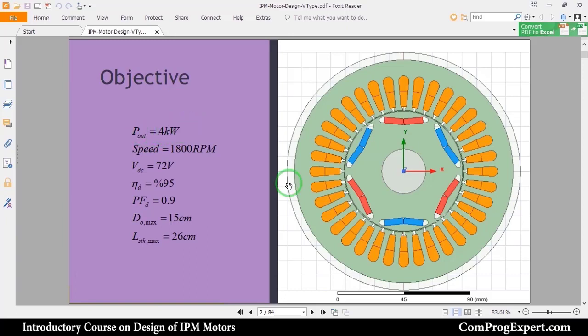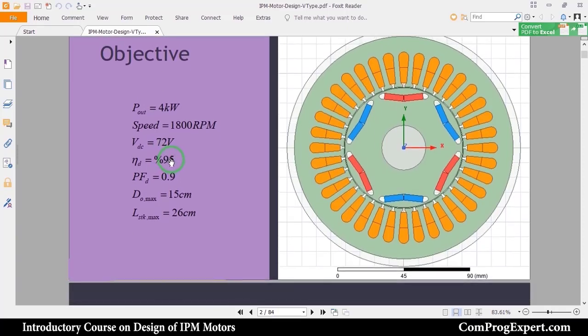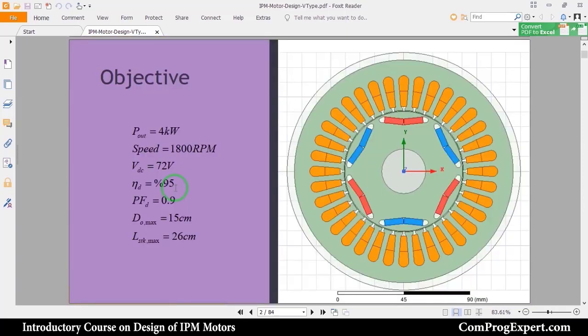The design should be able to deliver this power at this speed in its steady state operation. What is a steady state operation? A steady state operation is a condition that the motor can operate without any thermal issues.